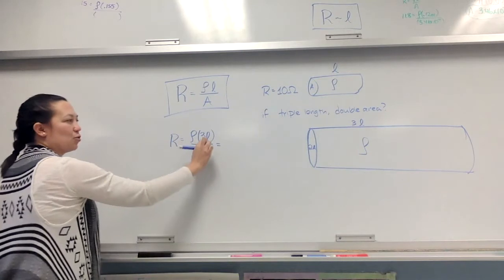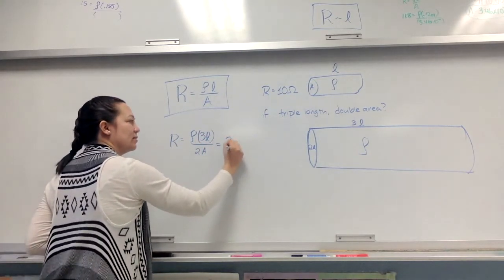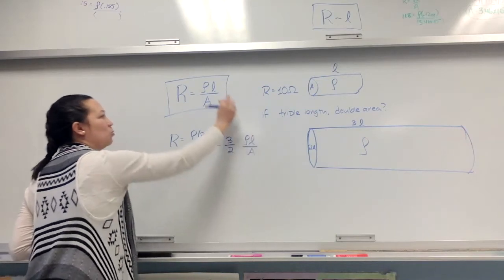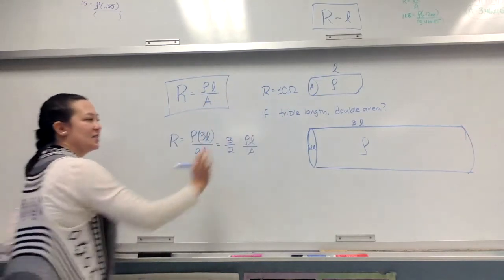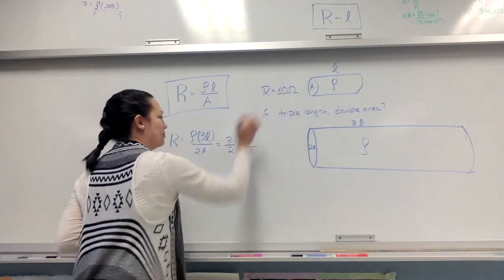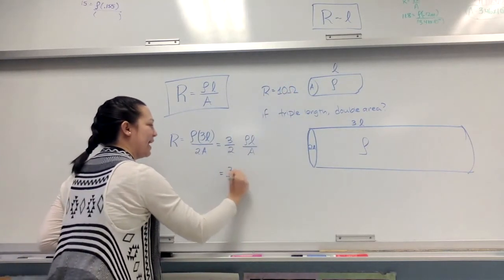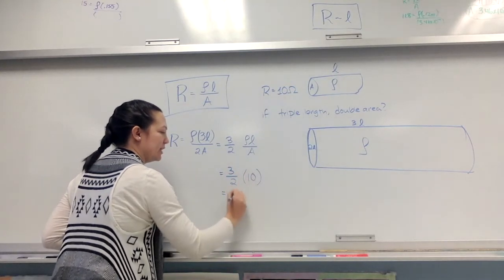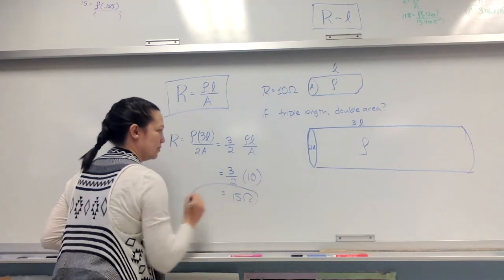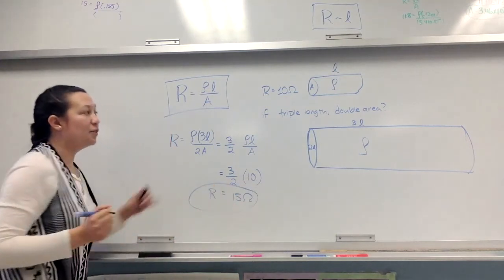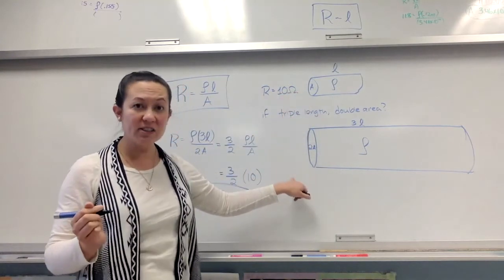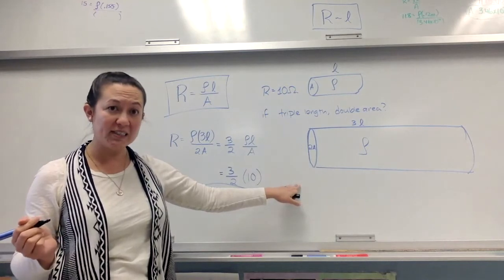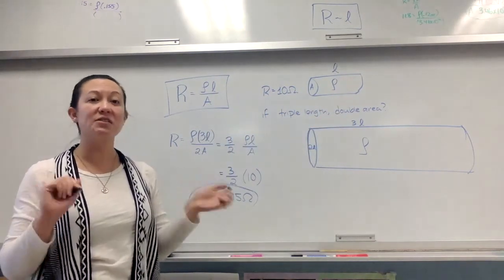That means I get 3 halves times the original, rho L over A. Since the original resistance was 10, 3 halves of the original resistance would be 15 ohms. The new resistor would be harder to get through than the old resistor because even though the area increased, the length also increased, and those didn't cancel out.